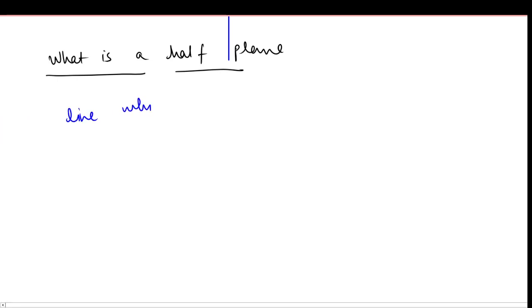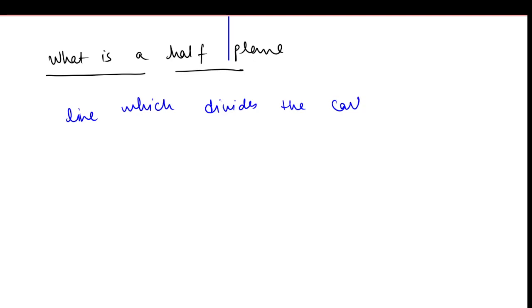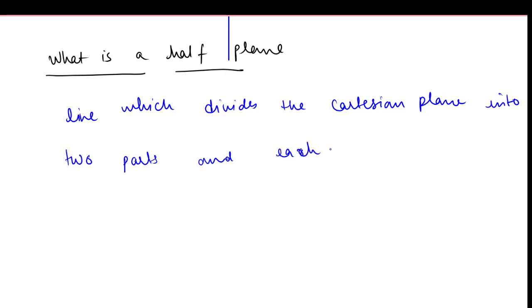A line which divides the Cartesian plane into two parts, and each part is known as a half plane.